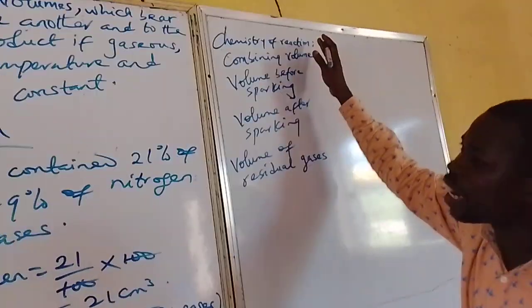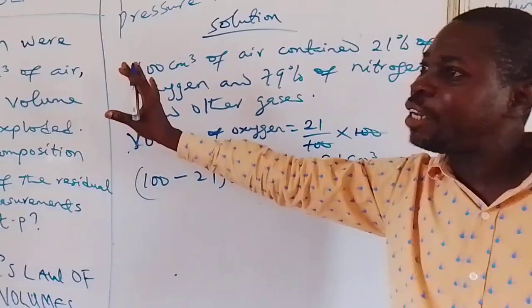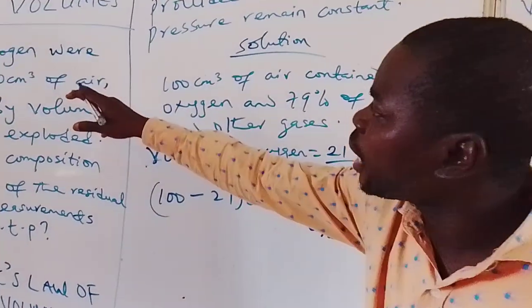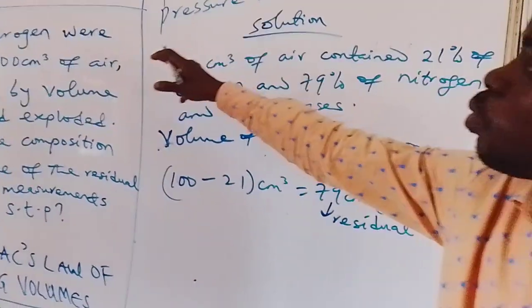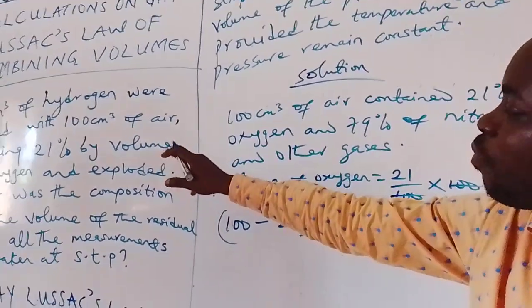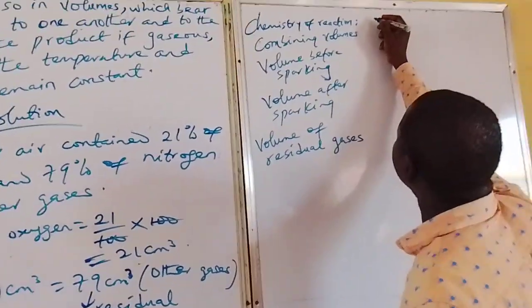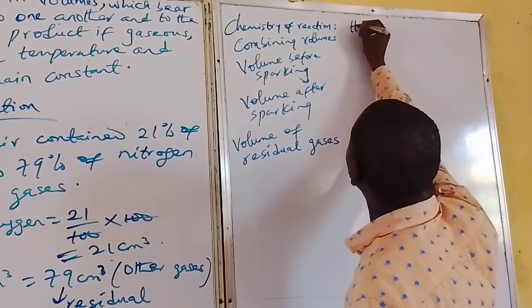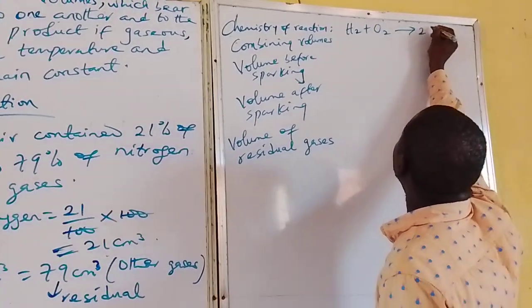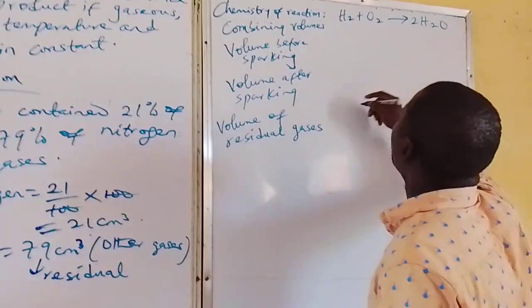The chemistry of reaction is the first thing whenever you are dealing with questions on Lussac's law. We're told that hydrogen combined with oxygen, and the volume of oxygen is known. So the equation is H2 plus O2 giving 2H2O.